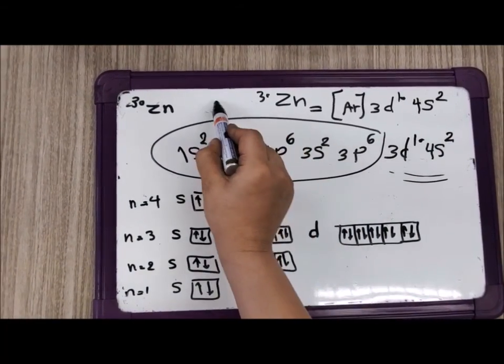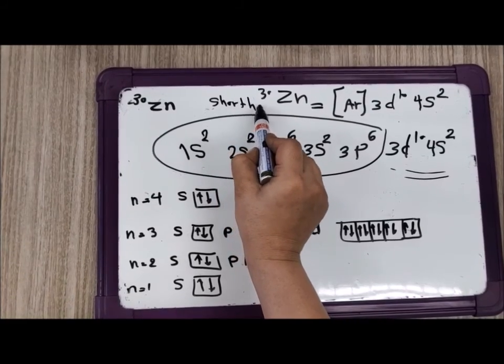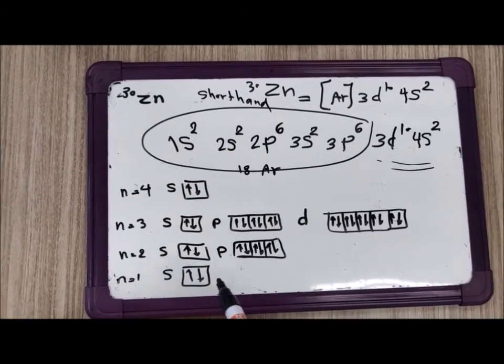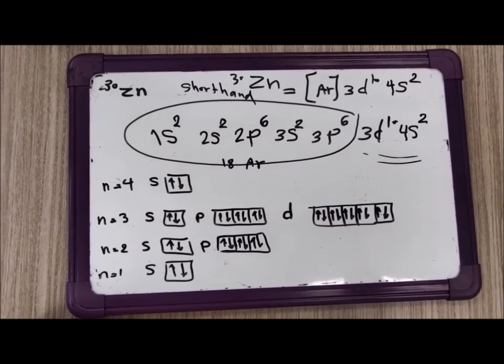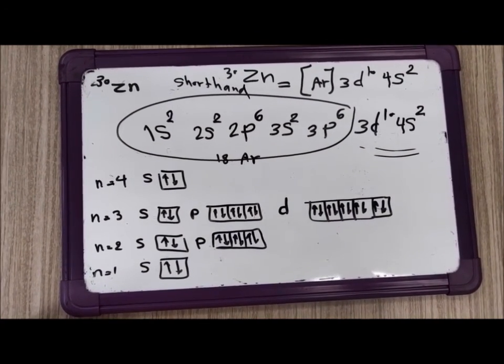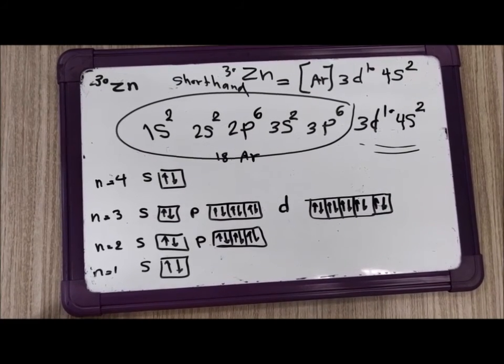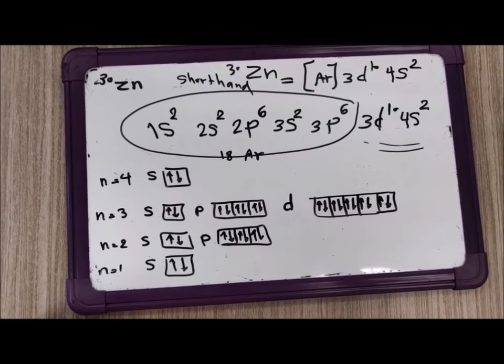This is the shorthand form for writing the electronic configuration for the element zinc. You can continue with the rest of the elements, writing down exactly as we have done. And if you have a problem, you can ask me.